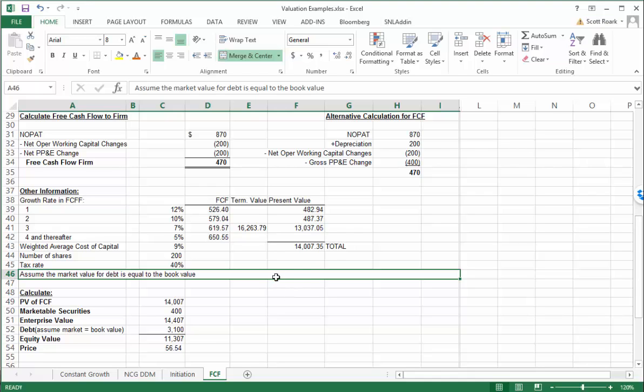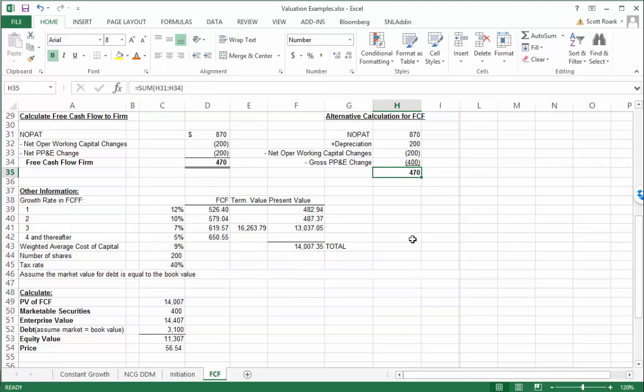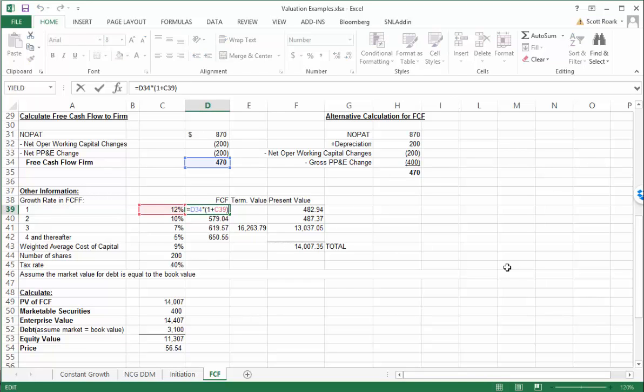So let's just look at this. I'm sorry, I've come up with free cash flow at time period 0. This is prior to the analysis. Now, free cash flow for time period 1 is going to be 12% bigger. So I've just grown the $470 by 12%. Then I grow that number by 10%, the next number by 7%, and then finally I grow it by the constant growth rate of 5%.